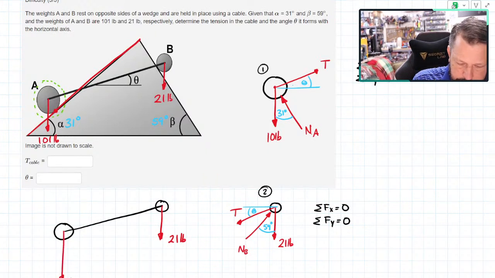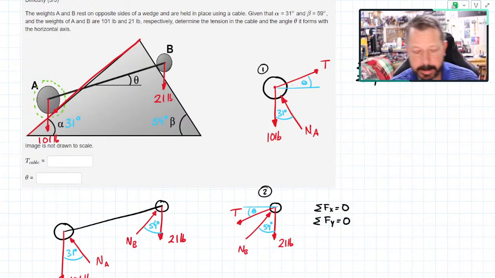A weighs 101 pounds. Got this same issue here with the normal reaction at A, 31 degrees from vertical. And I've got the reaction at B, 59 degrees from vertical.